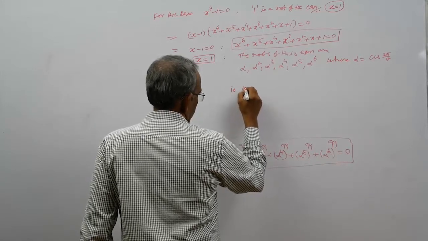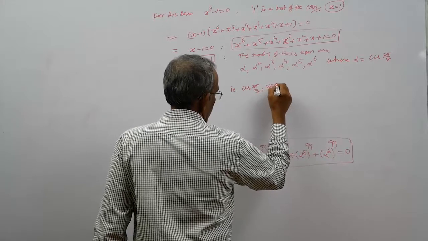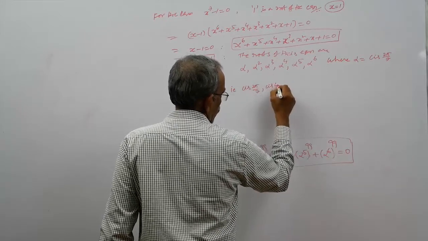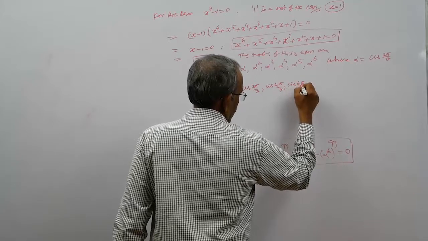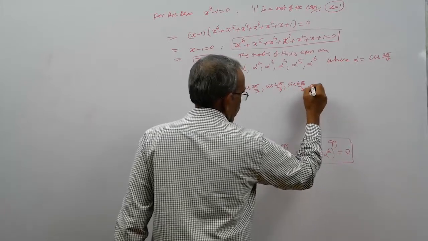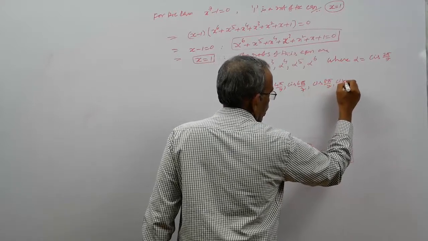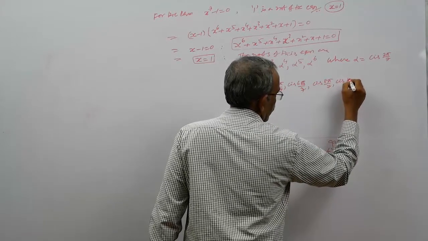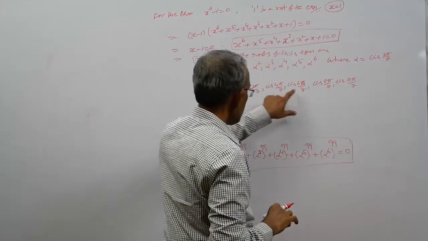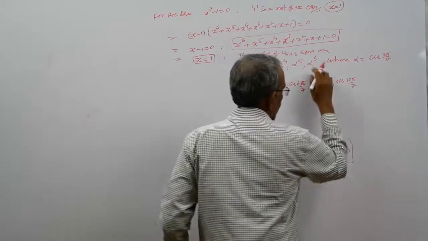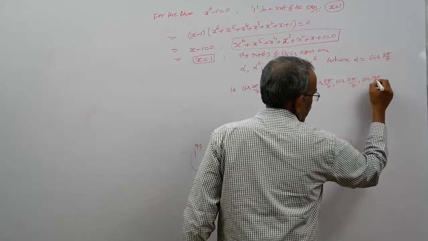That is cis 2 pi by 7, cis alpha square which is cis 4 pi by 7, 6 pi by 7, cis 8 pi by 7, cis 10 pi by 7, 1 2 3 4 5, 6th root alpha power 6 ante 6, cis 12 pi by 7.